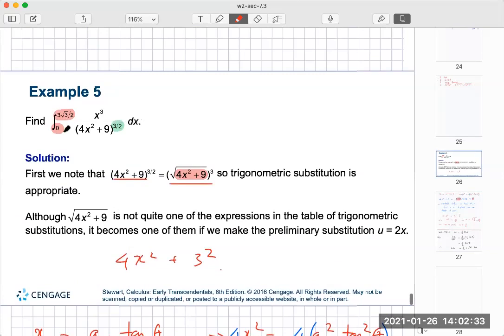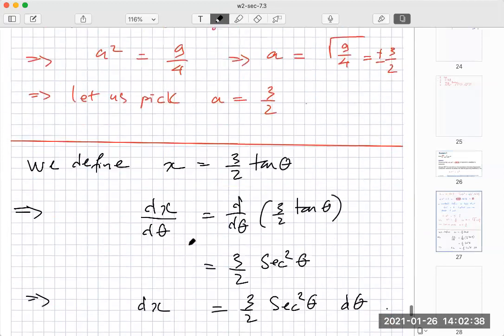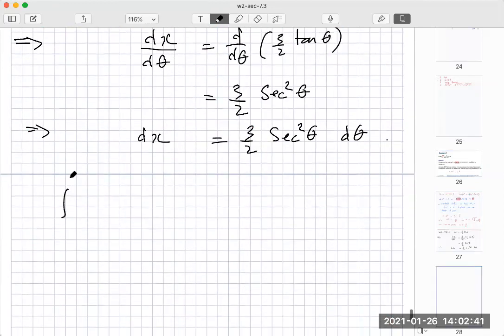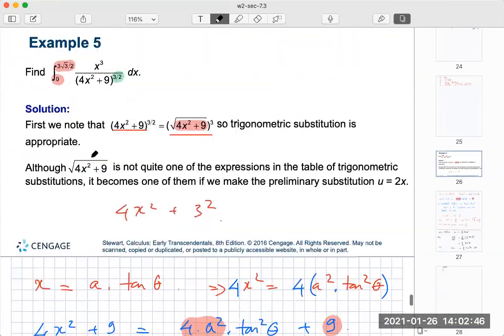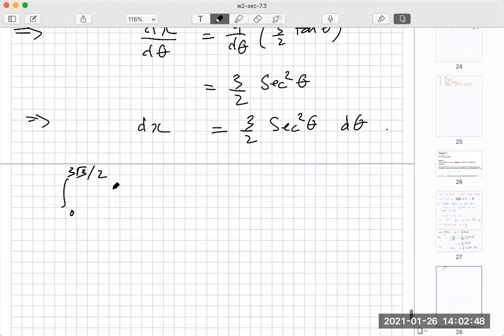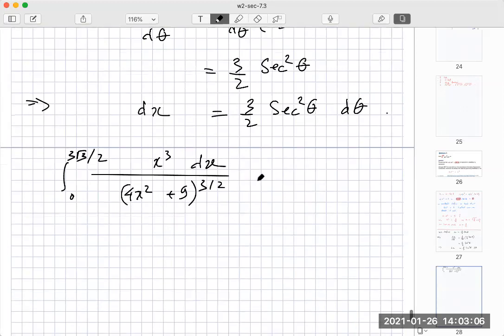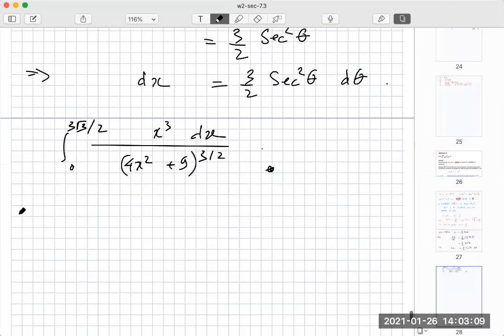In terms of x, it runs from 0 to 3 square root of 3 over 2, of, it was 10 x cubed, right? Okay, now just a reminder right here. Now let us change the limit.